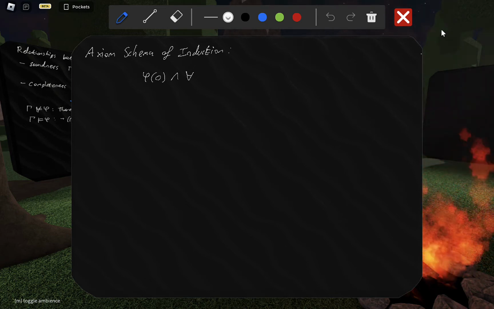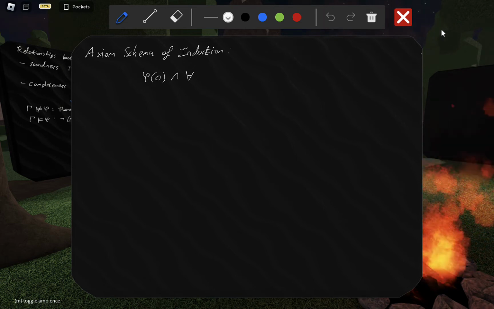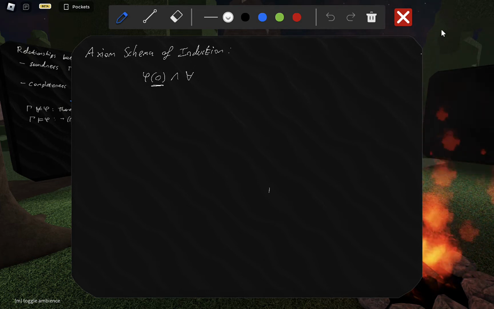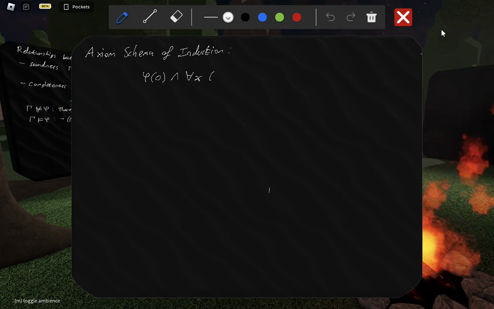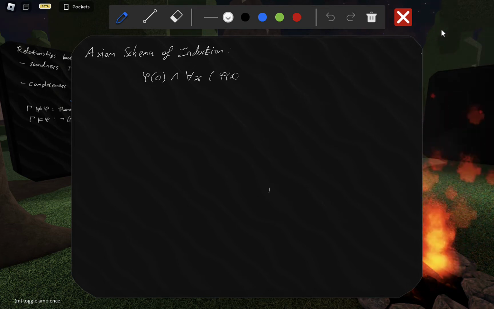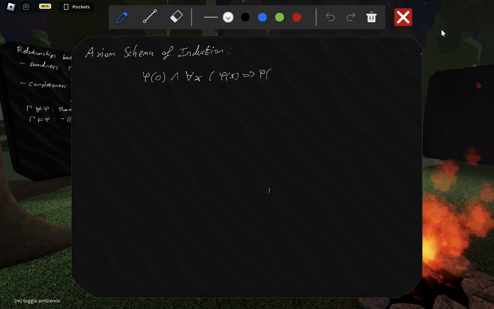So the axiom schema of induction, for a formula phi which has just a single variable hole to fill in a term, is: phi holds of 0, and for all x, if phi holds of x, then phi holds of the successor of x.